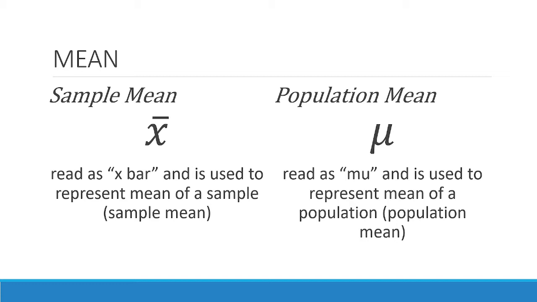And this letter that looks like the letter u, also read as mu, is used to represent the mean of the population. That's why it is called population mean. Okay, so please take note of this notation.